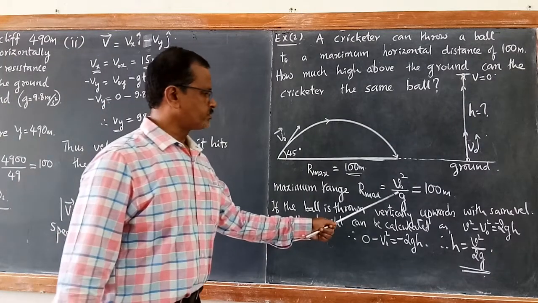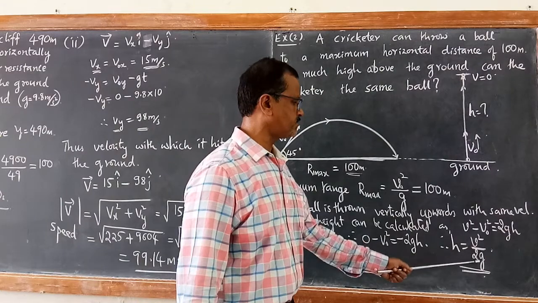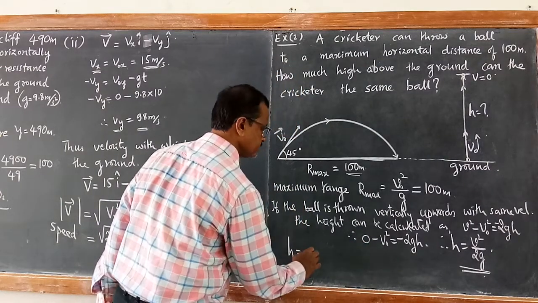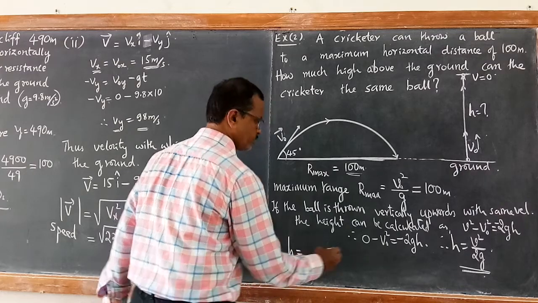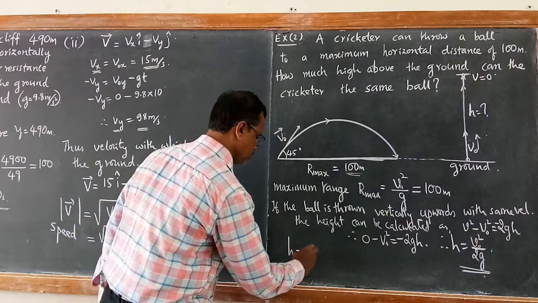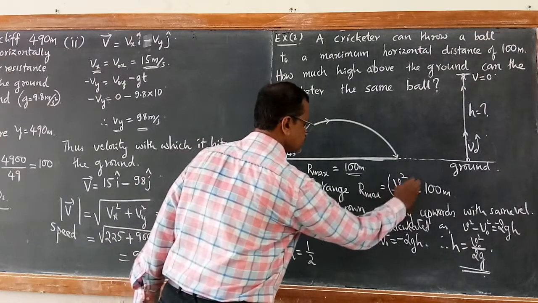See here, v0 square upon g is 100. So just substitute the value of v0 square upon g in this equation. Therefore, the maximum height it can reach becomes 1 by 2 into v0 square upon g, and v0 square upon g is 100.